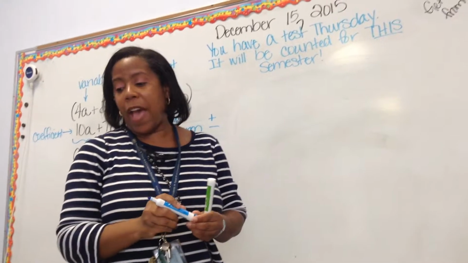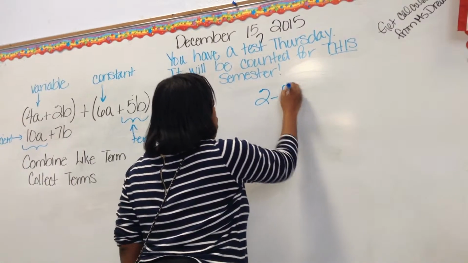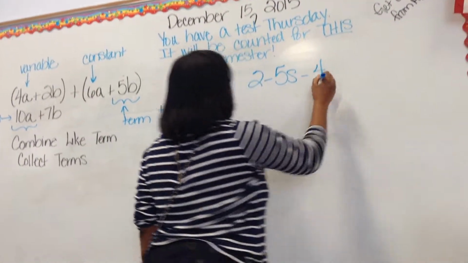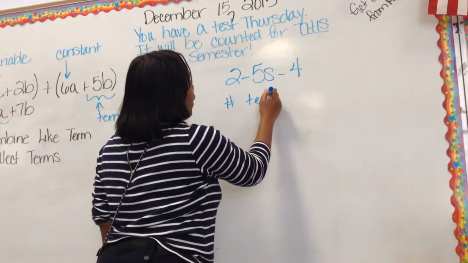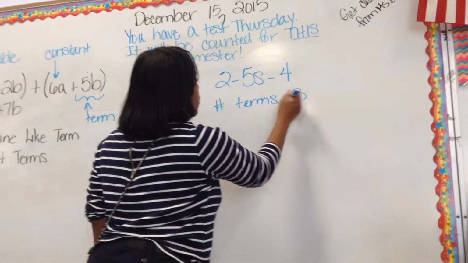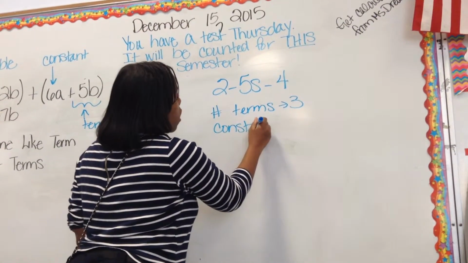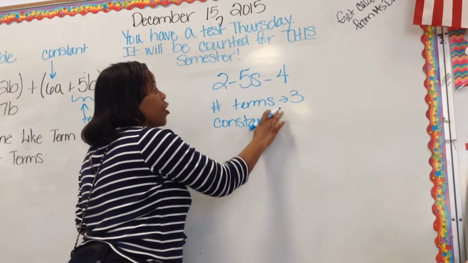Tell me about this one. How many terms? That is correct. I've got 3 terms. How many constants? 2. 1. It's 1. You sure?